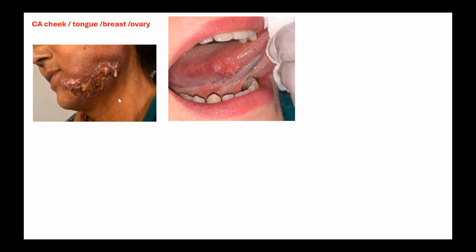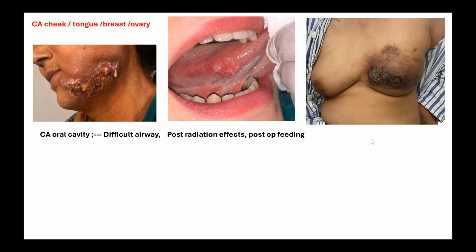Radiation will shrink the tissue and that will make positioning very, very difficult. So neck extension may not be there, mouth opening may be restricted, so all these things will happen. So CA oral cavity: difficult airway before anesthesia, post radiation effects, and post-op feeding also will be a problem because they cannot swallow. So you have to take care of their nutrition also.